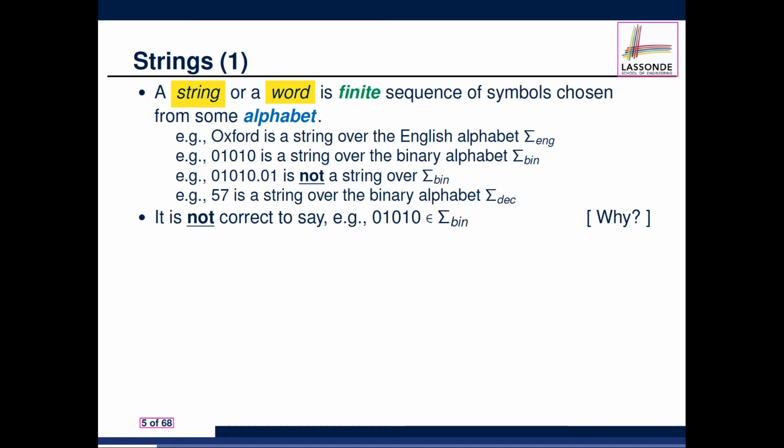That's correct. That's true. Even thinking this way, this is only a set with two members, 0 and 1. Actually, it's more like a category error. You're comparing a string versus an individual character in the alphabet. It's not really a compatible comparison.